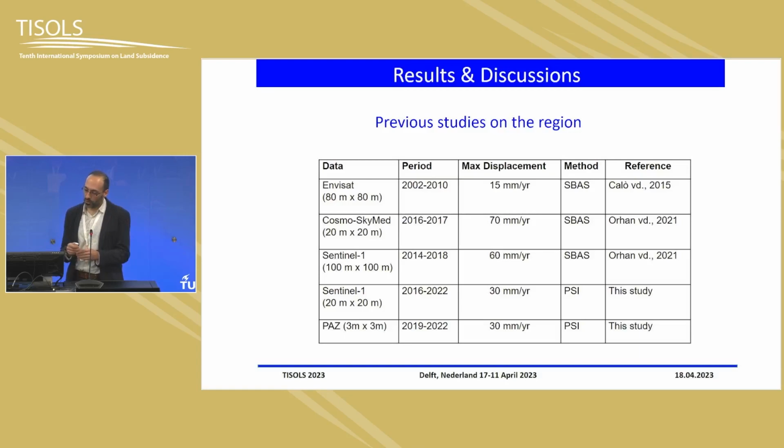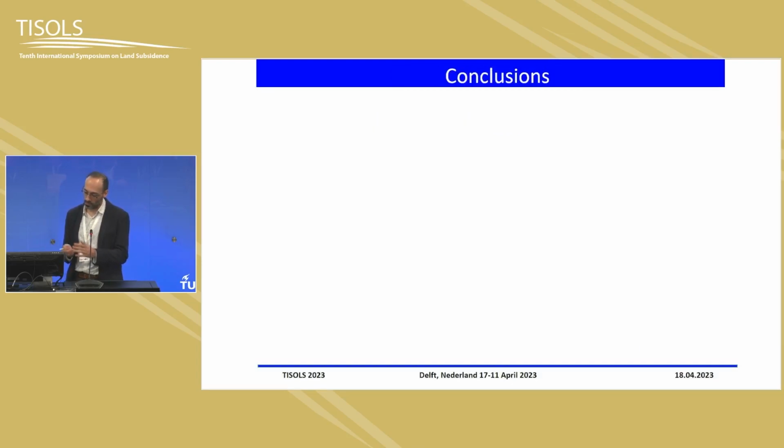So for the previous studies, the first one is our first study over this area, 15 millimeters per year, and another study was also completed over this part using COSMO-SkyMed and Sentinel-1. They show a bit higher displacement, and now it seems lower, so the deformation looks like an increasing and decreasing trend. Of course, here we used persistent scatterer analysis, which is different from the previous ones.